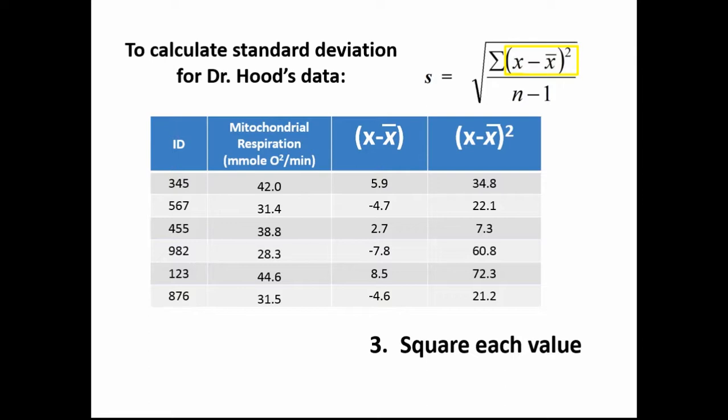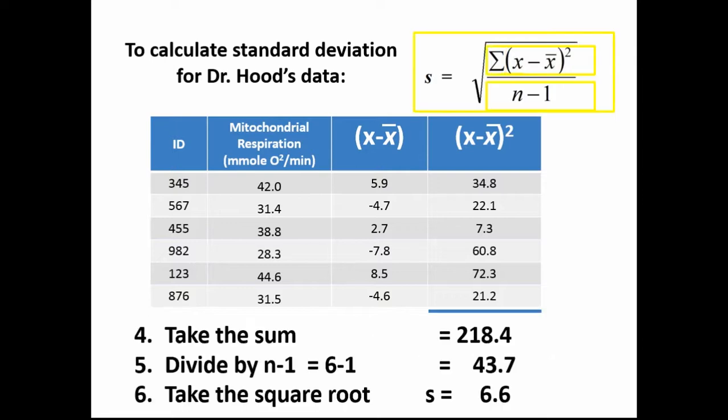Now, again, using that equation as our reference point, the next step of the process is to take all of the information that we have just generated in that fourth column and add it all up. So we take 34.8, 22.1, 7.3, 60.8, 72.3, and 21.2, and that gives us 218.4.